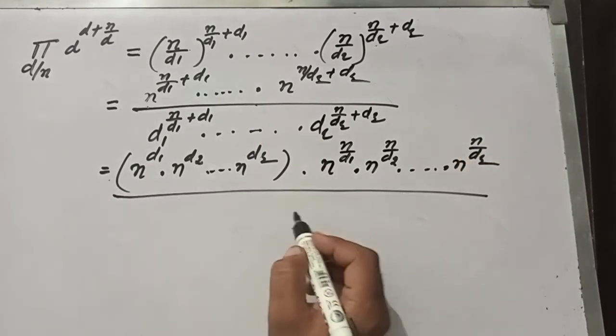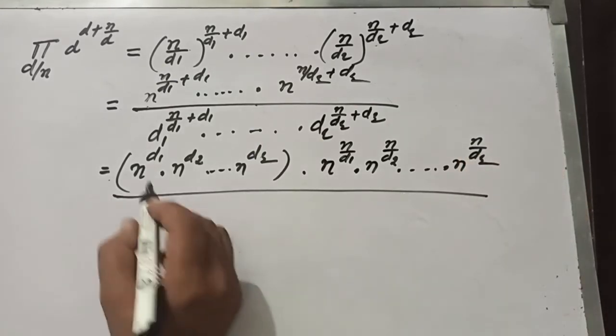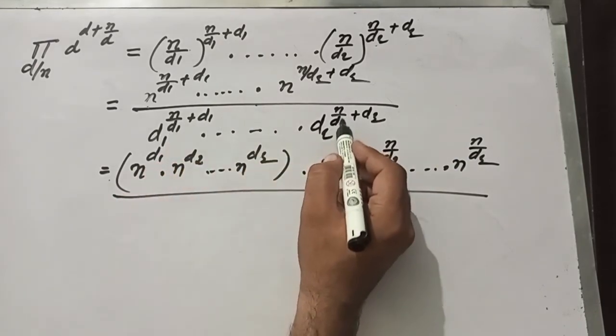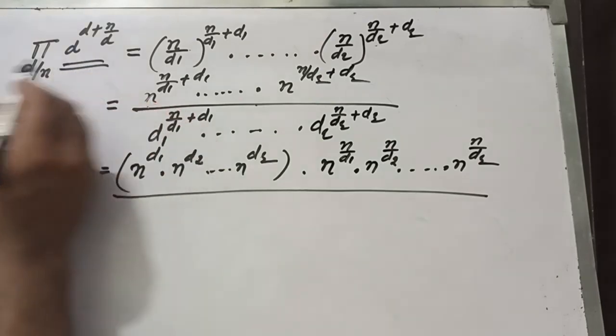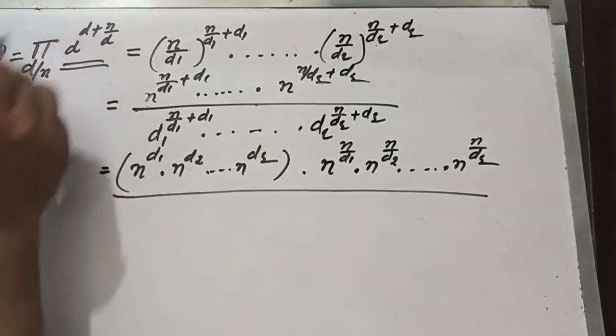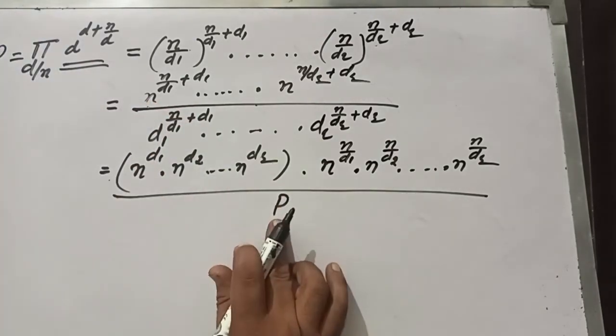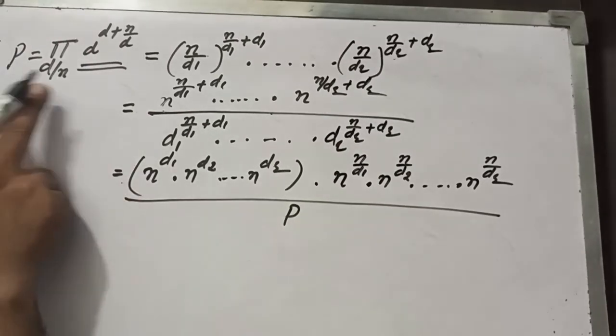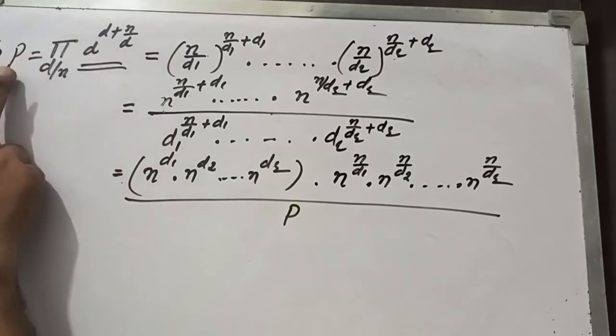And what we have in the denominator is d1 raised to power n by d1 plus d1 up to dr raised to power n by dr plus dr. This is this term. So if this is p, then in the denominator we have again p, because we have denoted this product by p.